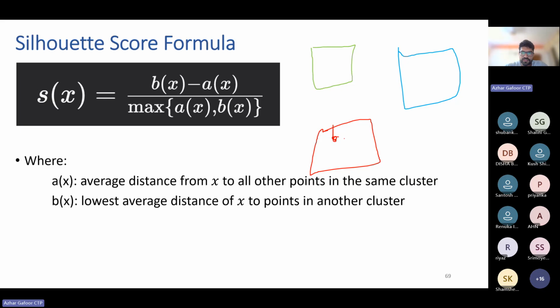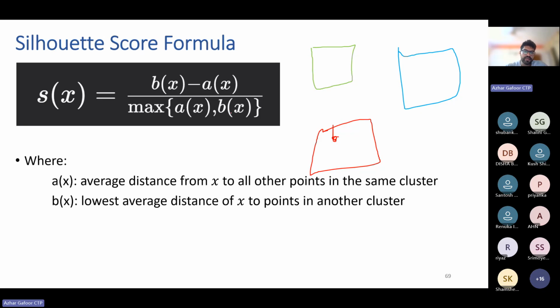If we calculate the distance between all the points of this red cluster, we'll have A. Then B is the lowest average distance of X to points in another cluster. In this case, the average distance to green will be less. So B minus A, over the maximum of A or B.